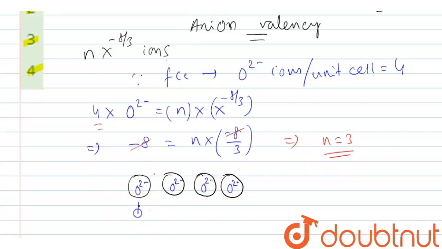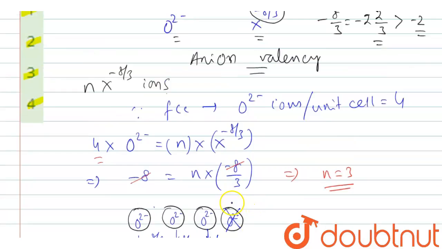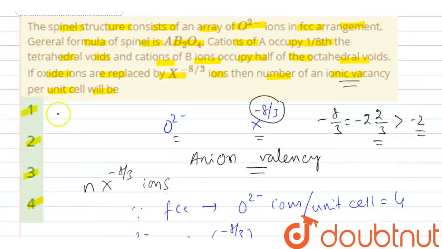We have replaced this with X minus 8/3, this with X minus 8/3, and this also with X minus 8/3. Now this one is vacant. Therefore, there will be one anion vacancy. Hence option 1 is the correct option.